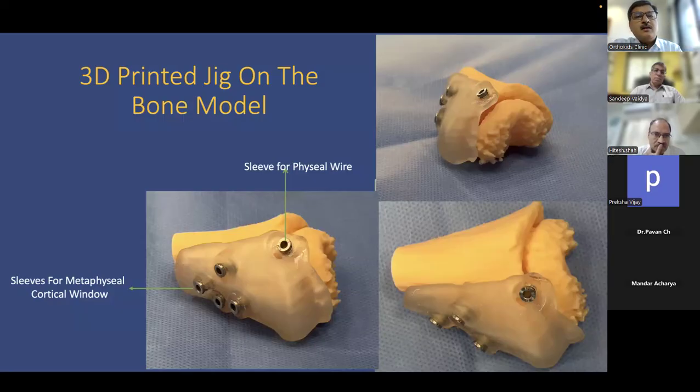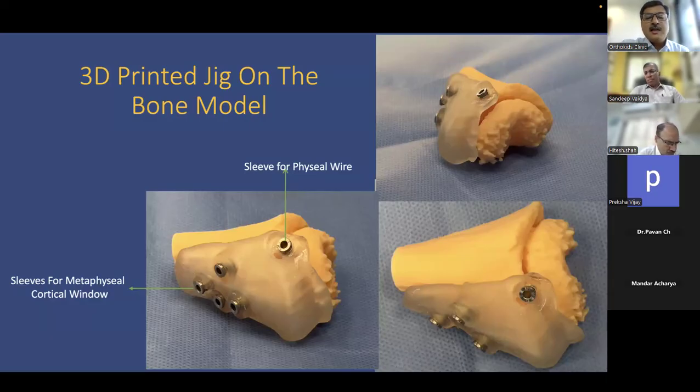He made a jig which fits on the medial side of the distal femur, and we asked them to make a circular multiple wire guide so that we can make a window, and through that we will remove the cylinder which has the physeal bar. So this is the model they made for us.